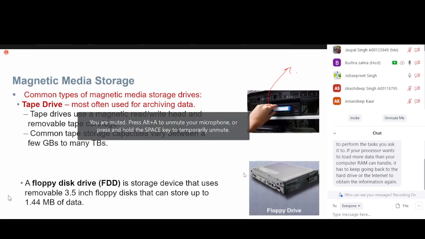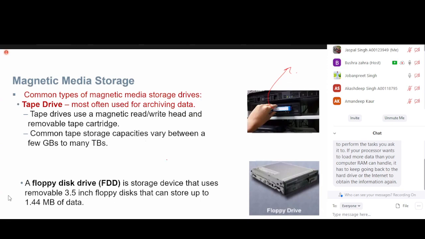Floppy drive. Have you ever seen a floppy? Any of you? Floppy drives? Yes, ma'am. Really? Do you have a floppy drive in your system? In desktops, maybe. It used to be in the desktop. Yes, it was used in older systems. Floppy means flexible drive, right?